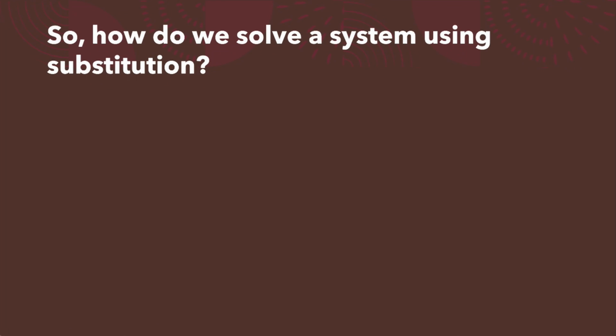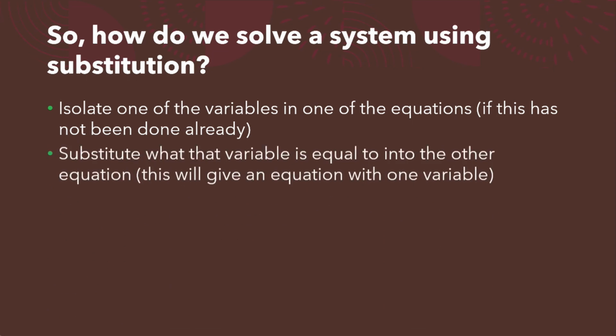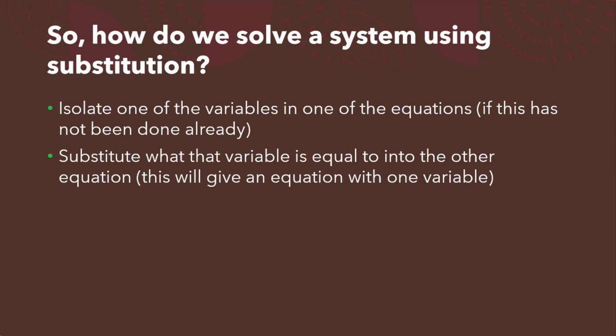So how do we solve a system using substitution? Well, first we isolate one of the variables in one of the equations, if this hasn't been done already. What this means is that we put this into slope-intercept form, but it can be slightly different. After we do this, we substitute what that variable is equal to into the other equation.